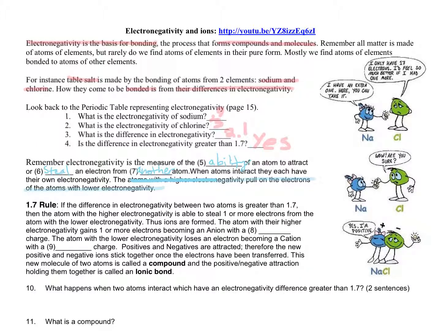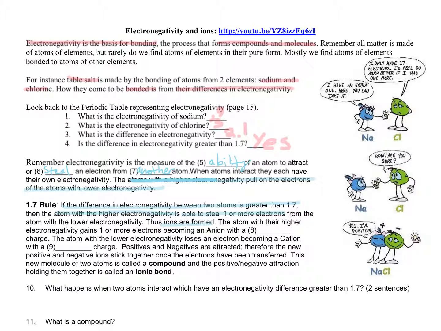So we have a 1.7 rule when we're looking at these differences in electronegativity. If the difference in electronegativity between two atoms is greater than 1.7, the atom with the higher electronegativity is able to steal one or more electrons. Thus, ions are formed.